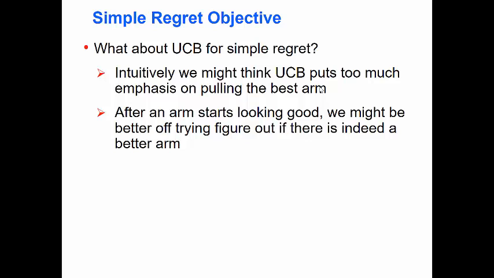But maybe it could use some other pulling strategies to do a little bit better if all we cared about is identifying the best arm. If all you care about is identifying the best arm, you don't care so much how much reward you're accumulating during exploration, whereas UCB cares about how much reward it's accumulating during exploration as well. And so simple regret is just, I'm going to explore, and then I get to output the best arm, and I don't care about the reward during exploration.